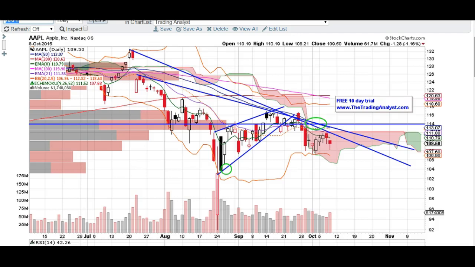So we're going to take a look at the Apple chart here really quick. First, I just want to point out the relative weakness to the S&P 500. If you notice, the S&P 500 is making new highs, and we have Apple making new lows, okay? And we are working against this trend line.